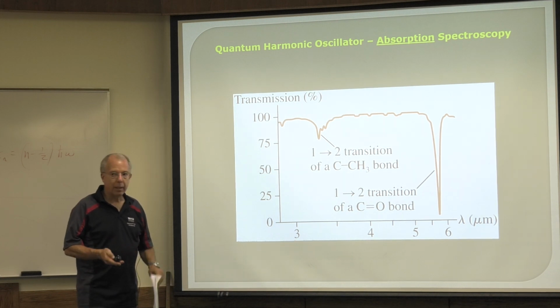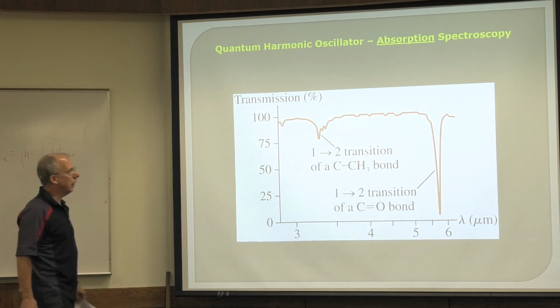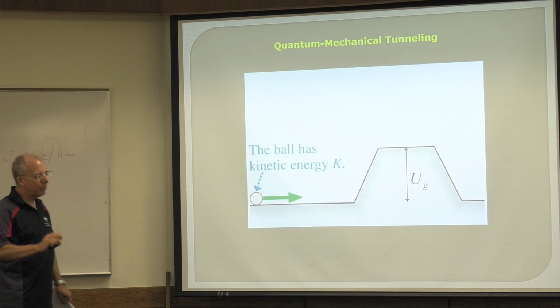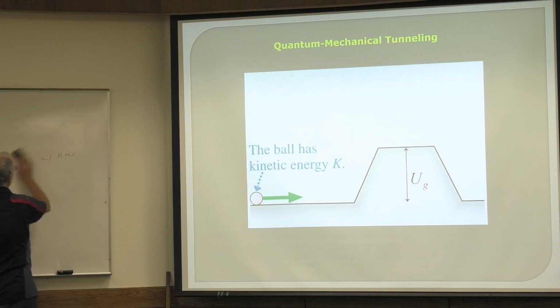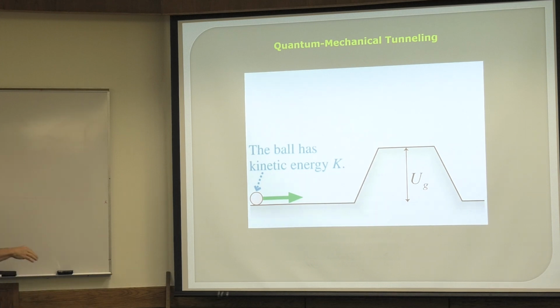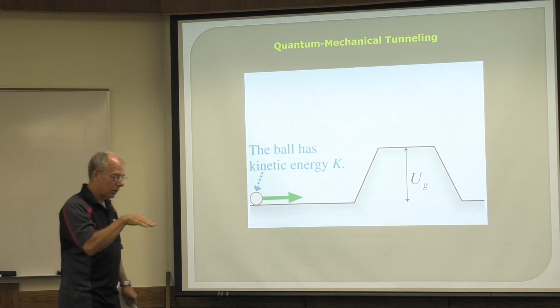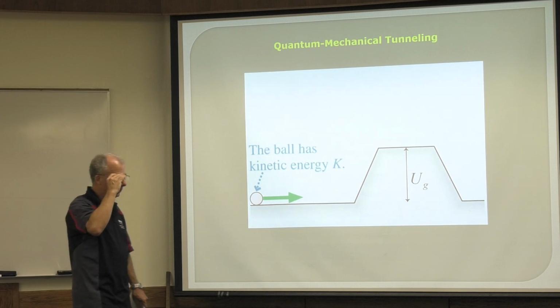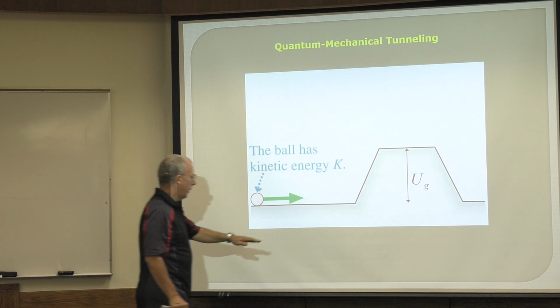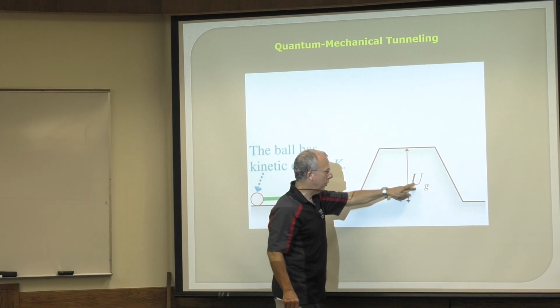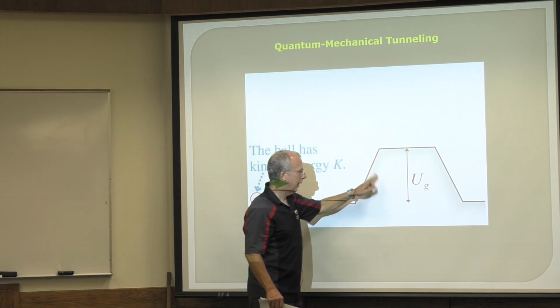Okay. Now what we want to do is look at tunneling in a little more detail, believe it or not. By the way, tunneling is the term used when the wave function goes into the classically forbidden region. Okay, so classical physics. Here's a hill, potential energy UG, or height, whatever.